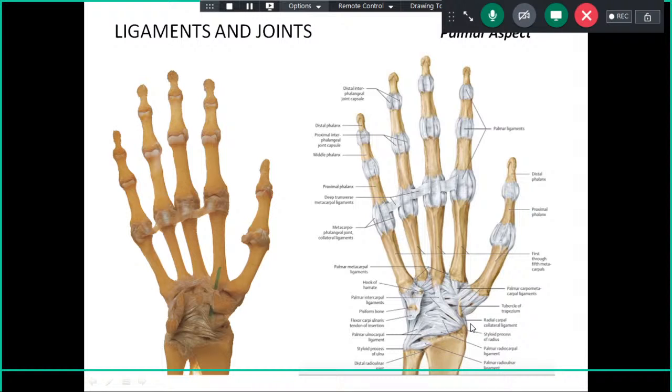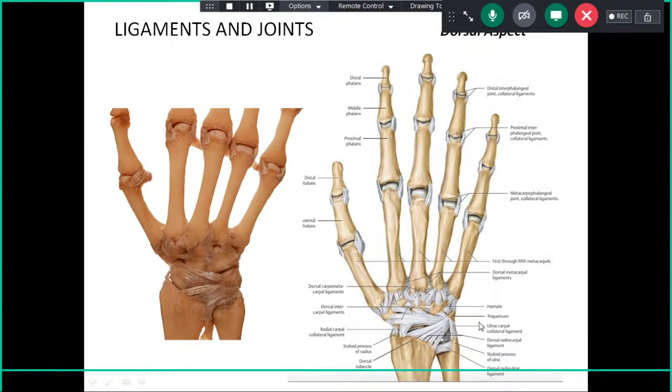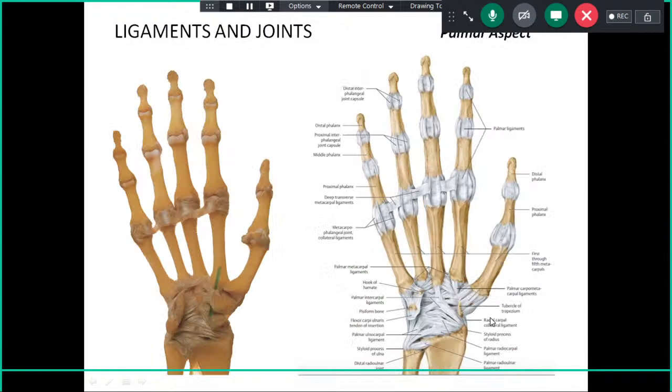For the wrist joint it was already told to you about the radial carpal collateral ligament over here, and this is the palmar collateral ligament here, from the ulna, palmar ulnocollateral ligament here, we have the radial collateral ligament here. These are all an array of your palmar intercarpal ligaments.